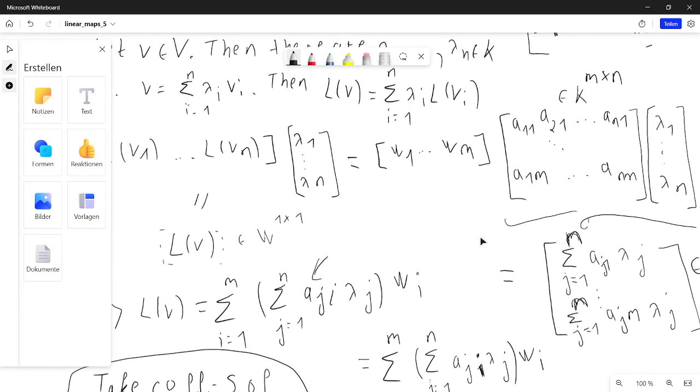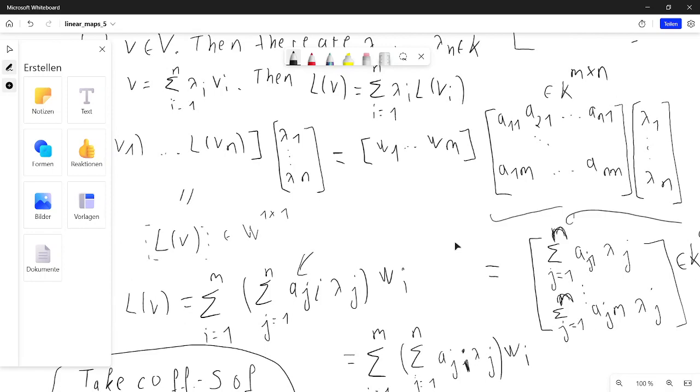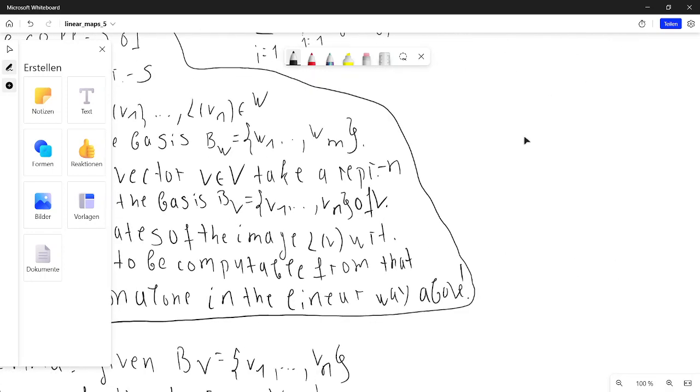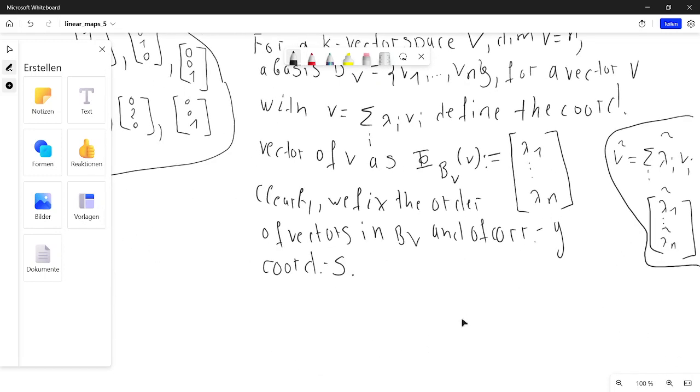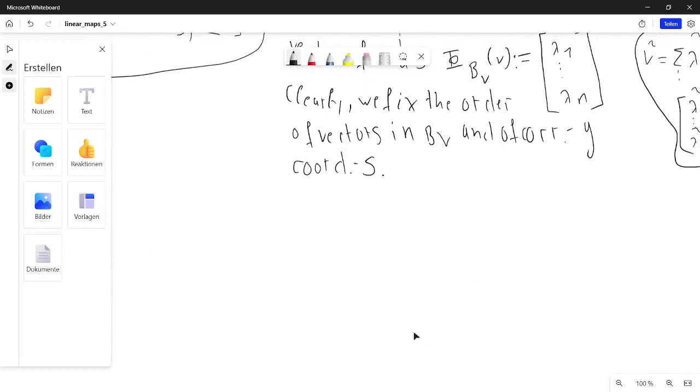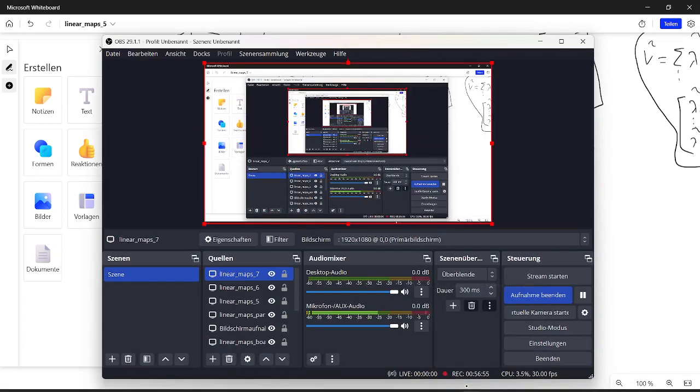But at least here one has a nice overview of what is happening, if one is familiar with matrices and vectors, but as I said, I presume that you are. All right, but maybe I'll make a course on matrices and vectors. I should do that. Yes.